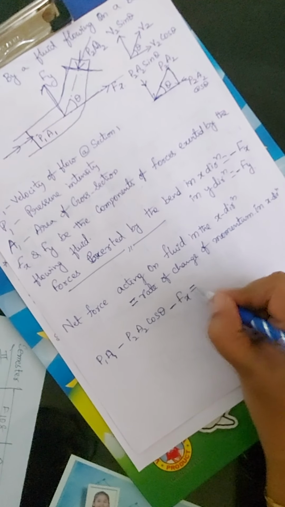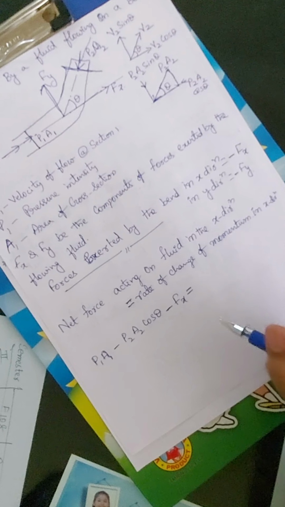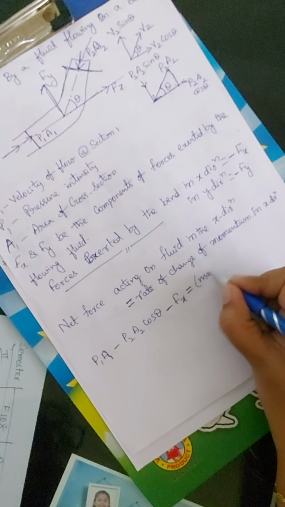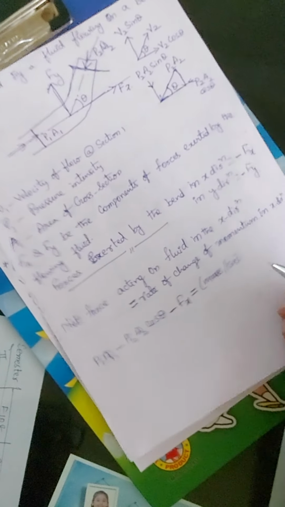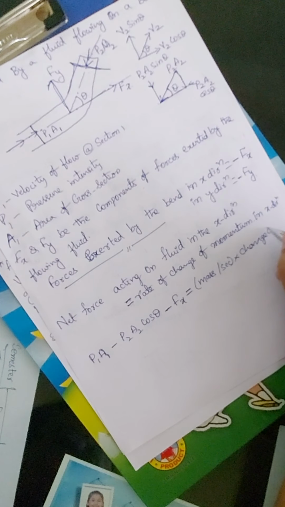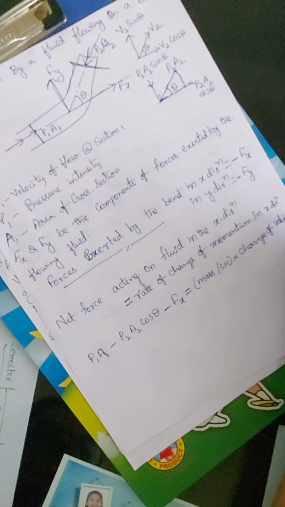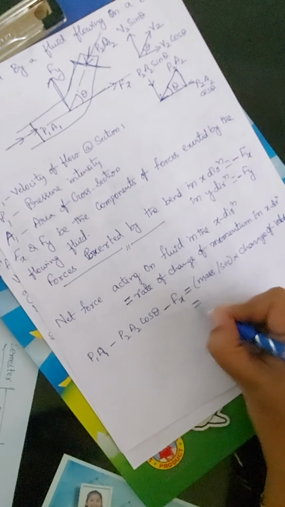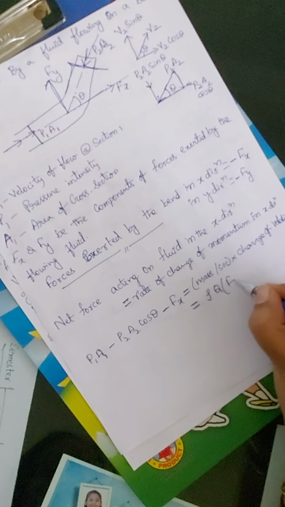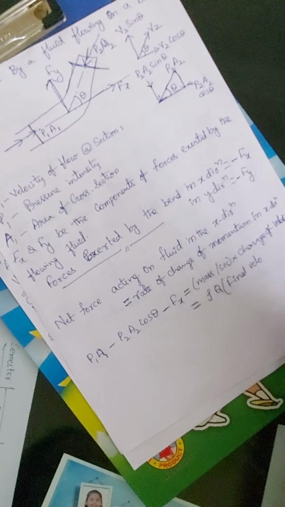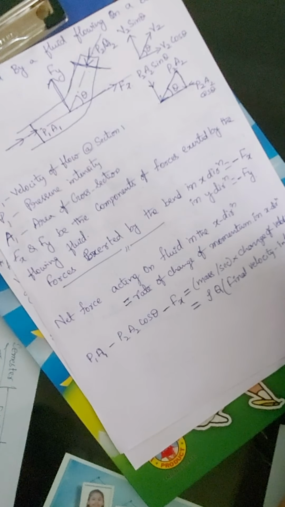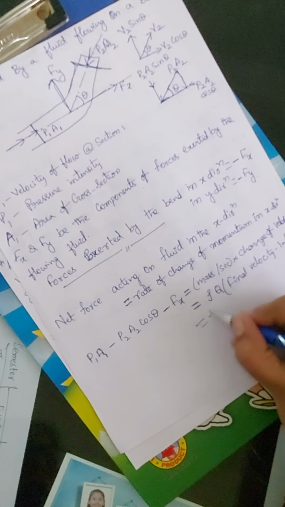This is equal to mass per second into change of velocity, that is rho Q, density into discharge, into final velocity minus initial velocity in that direction.